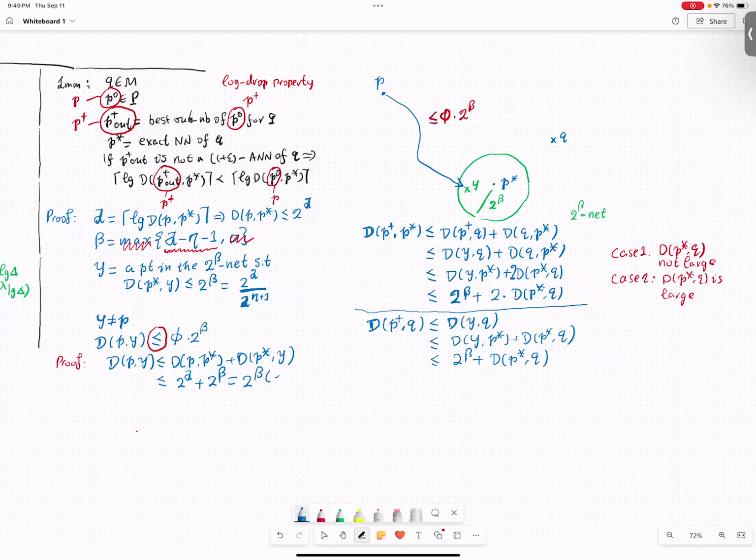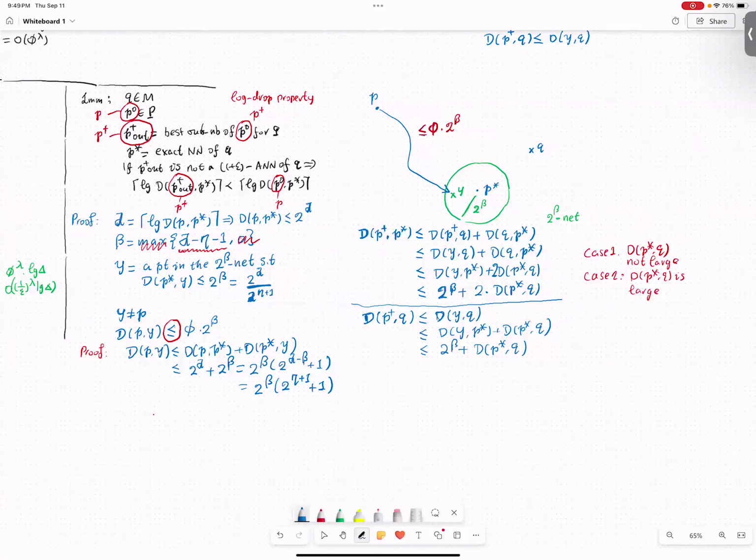So now this becomes 2 to the power of beta times 2 to the power of alpha minus beta, plus 1. So alpha minus beta is essentially just eta plus 1. This is something we can derive.